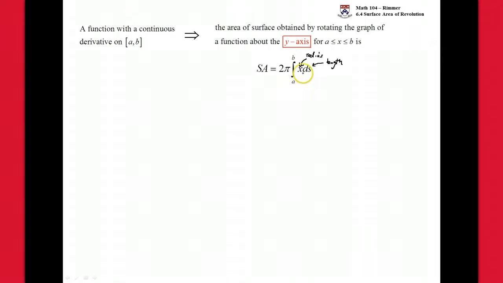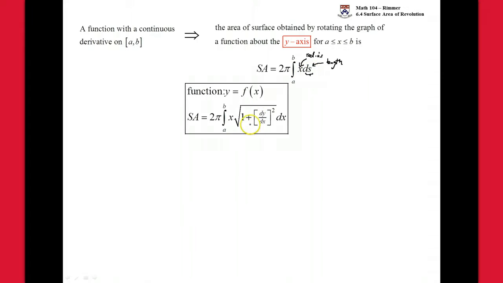If the integration is in x, then this x will stay as an x, and then when it comes to the arc length part, the ds, it's just our familiar part from arc length, the square root of 1 plus y prime squared.